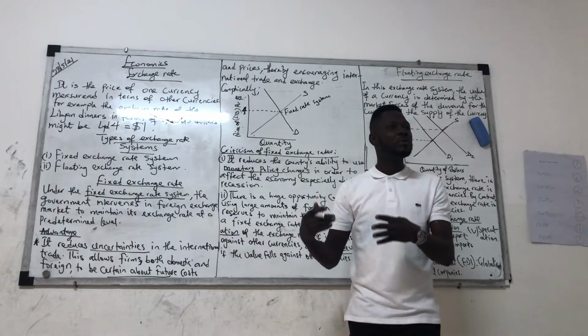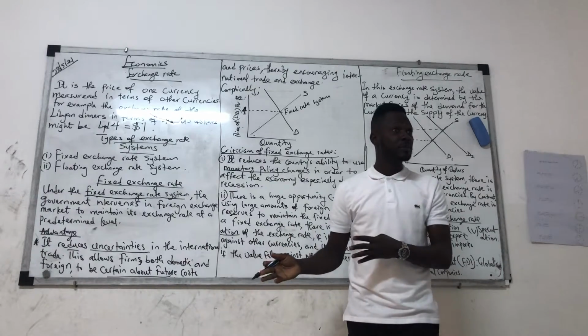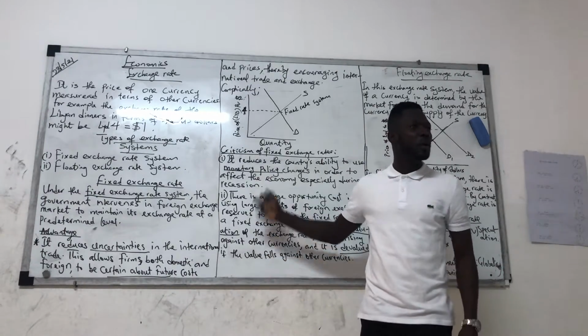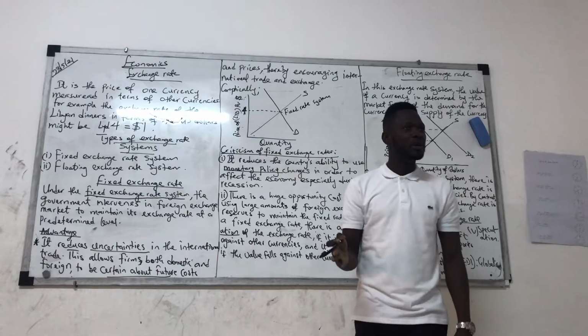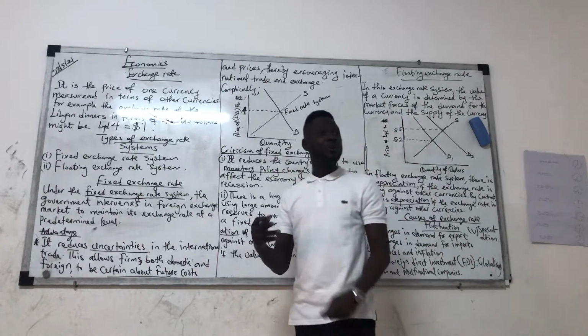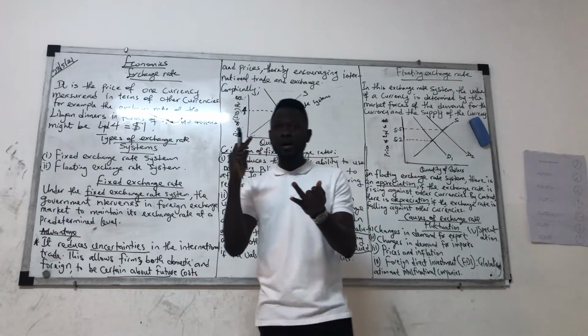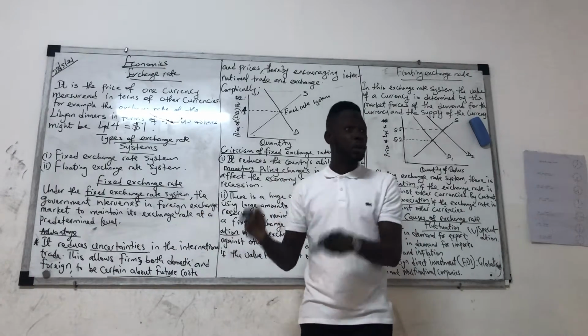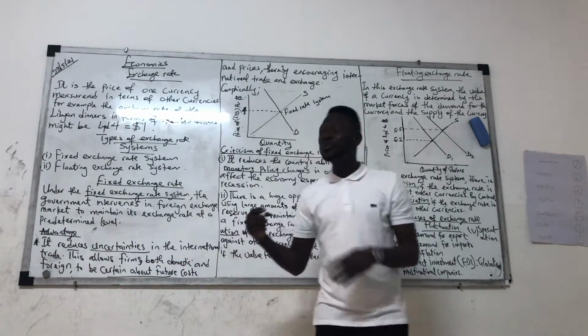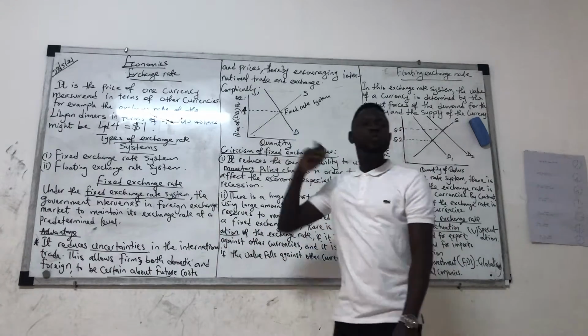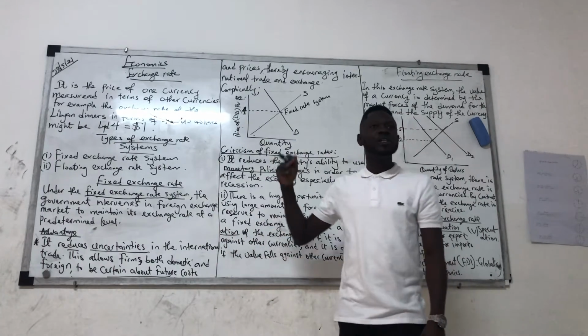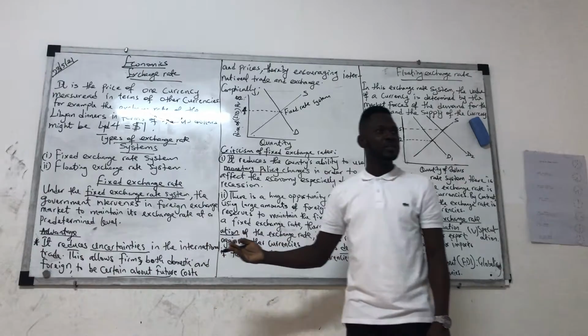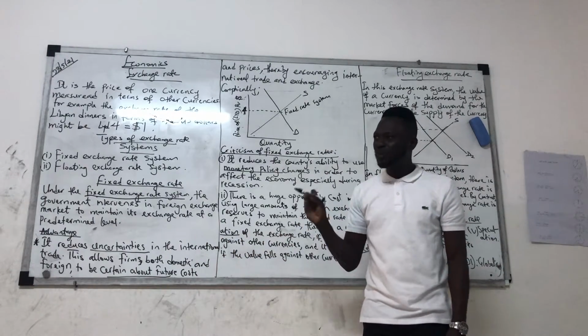So, if there's an economic decline in the country, we cannot use monetary policy to solve the problem. What are monetary policies? The use of interest rates, the use of money supply, the use of exchange rate to solve economic problems. So because we have a fixed exchange rate here, we can't use monetary policy to solve a problem in the economy. Do you get the point here?